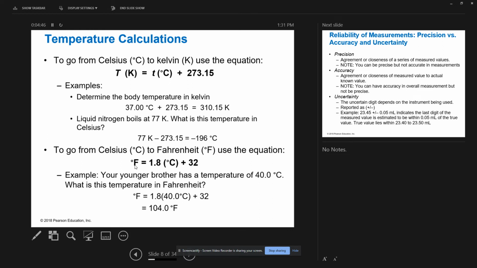And then down here, we have the conversion between Fahrenheit and Celsius. So degrees Fahrenheit is equal to 1.8 times degrees Celsius plus 32. So you're just going to plug one in for the other to solve for the other. And if you go back up here, let's say that we have a body temperature of 37 degrees Celsius, and I want to know what that is in Kelvin. I'm just going to add the 273.15 to it. And then you can go from Kelvin to Celsius as well.